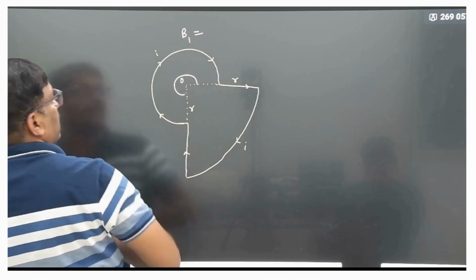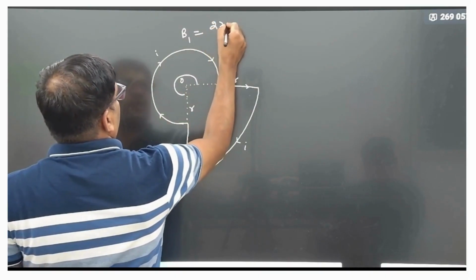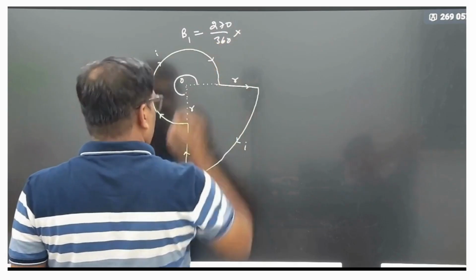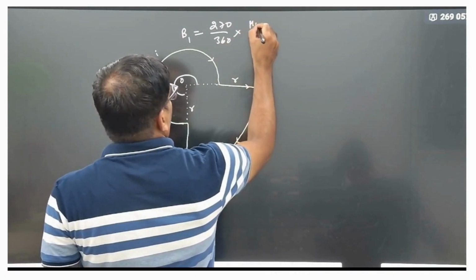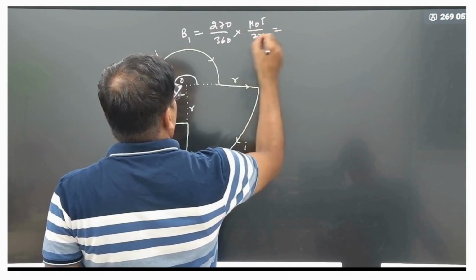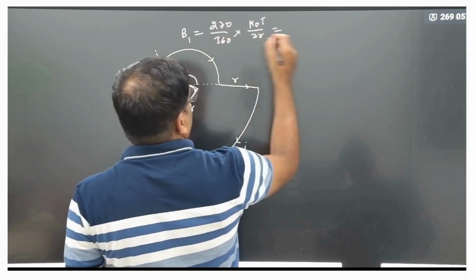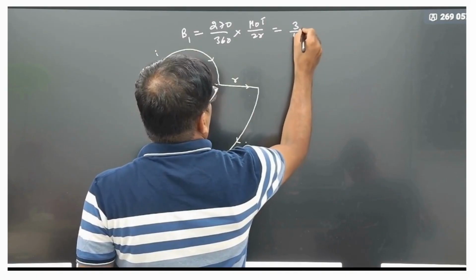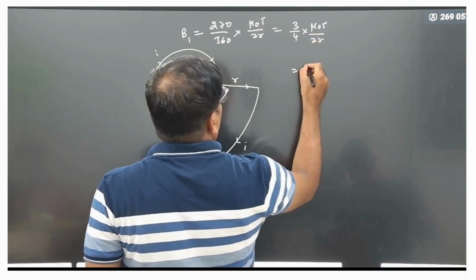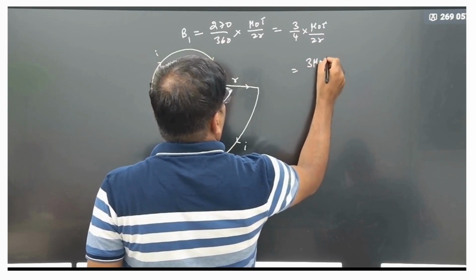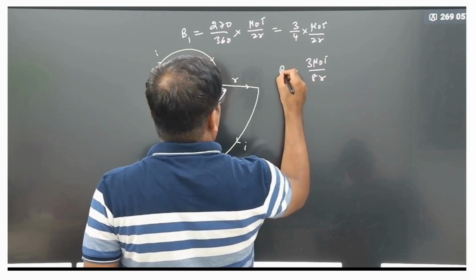The magnetic field is inside. So therefore, 270 by 360 into mu naught I by 2R. The radius is R. This is nothing but 3 by 4 into mu naught into I by 2R. So therefore 3 mu naught I by 8R will be your B1.